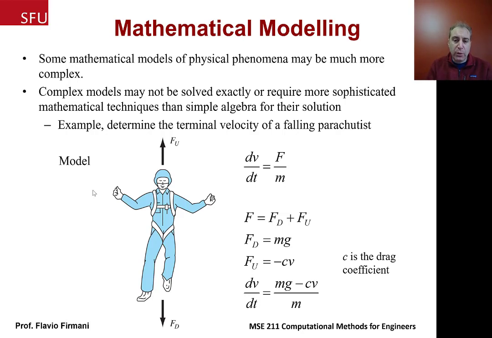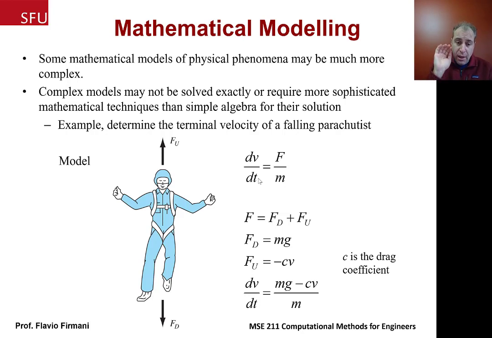So let's assume that we have a parachutist that is coming down and releases the parachute, and we're going to model this problem using Newton's second law. So the problem that we're trying to solve is to determine the terminal velocity of the parachutist.